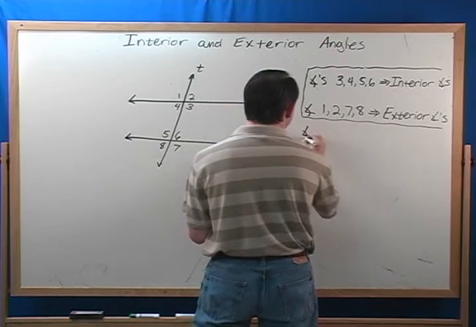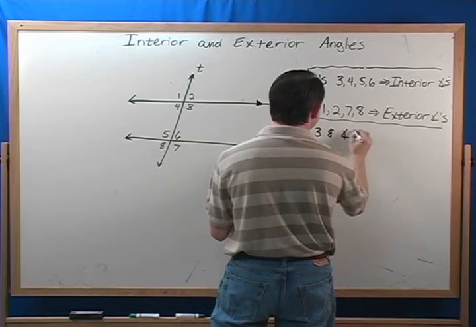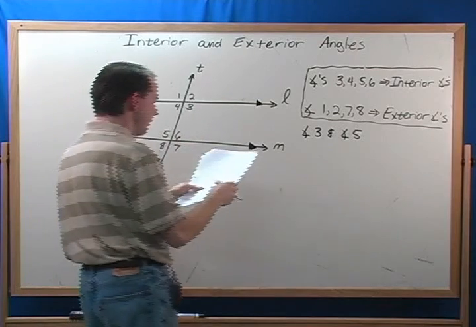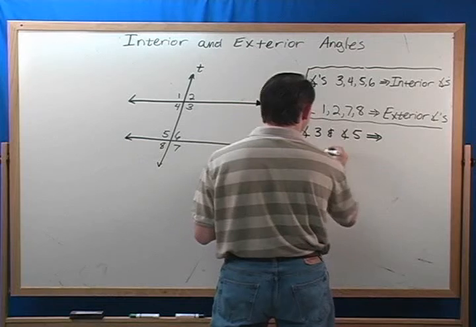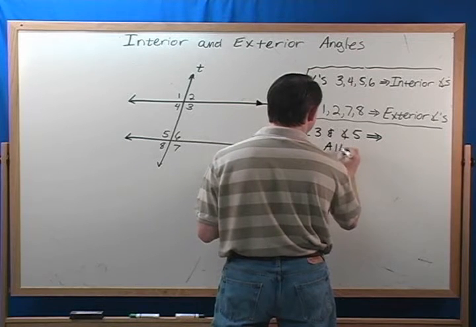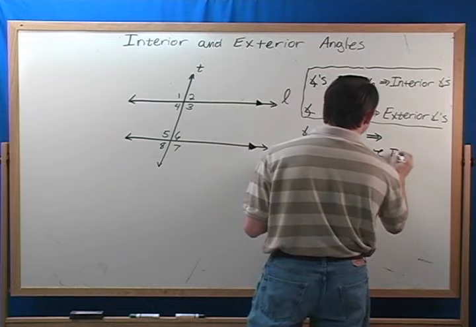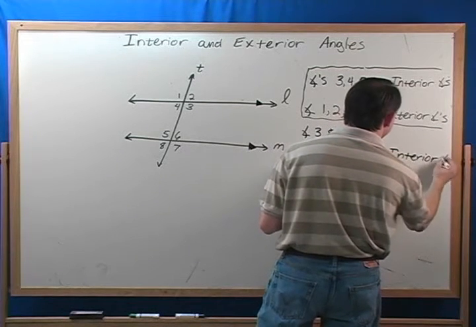Angle 3 and angle 5 have a special name, and they are called alternate interior angles.